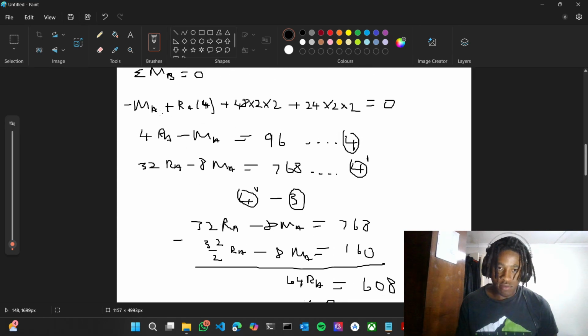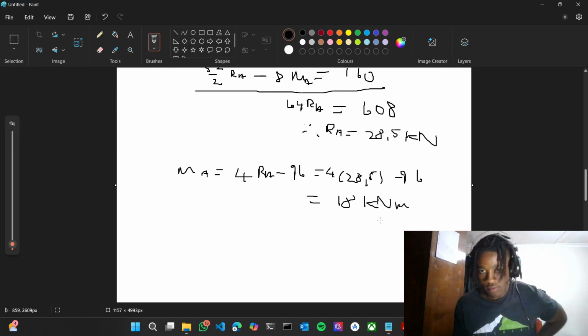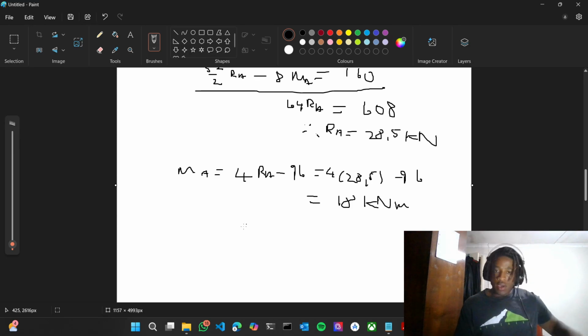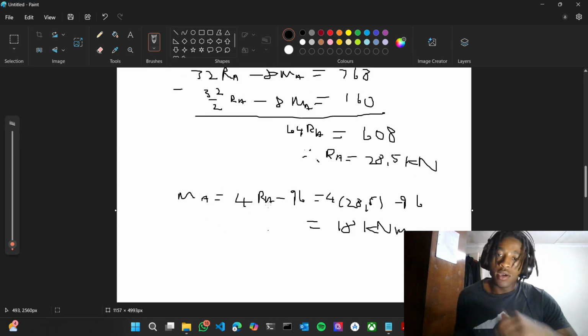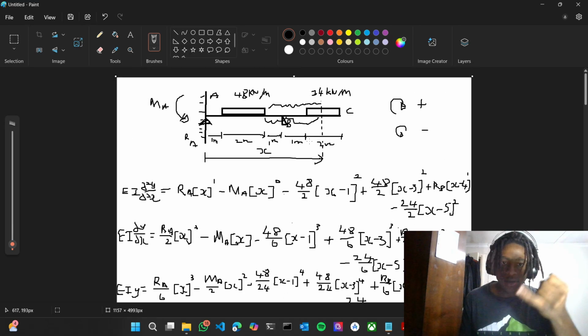So it'll be 4 RA minus 96, which is equal to 4 times 28.5 minus 96, and that is equal to 18 kilonewton meters. Yeah, now we've got our reaction at A, and we've got our bending moment at A.